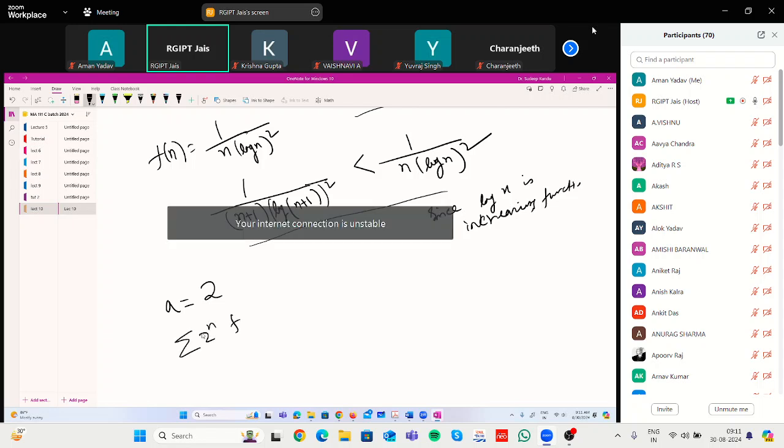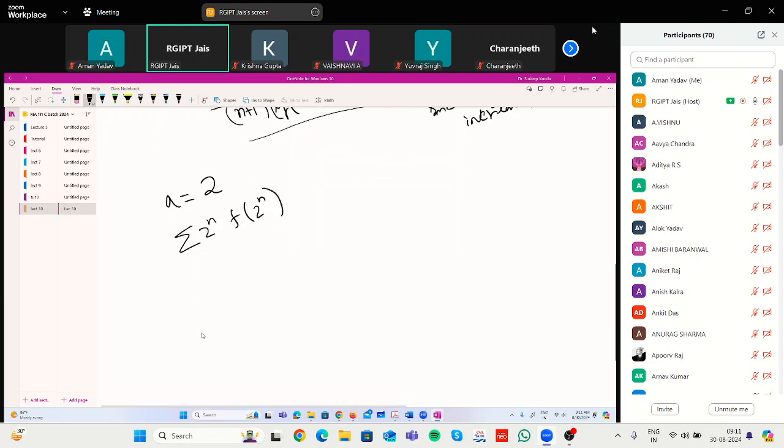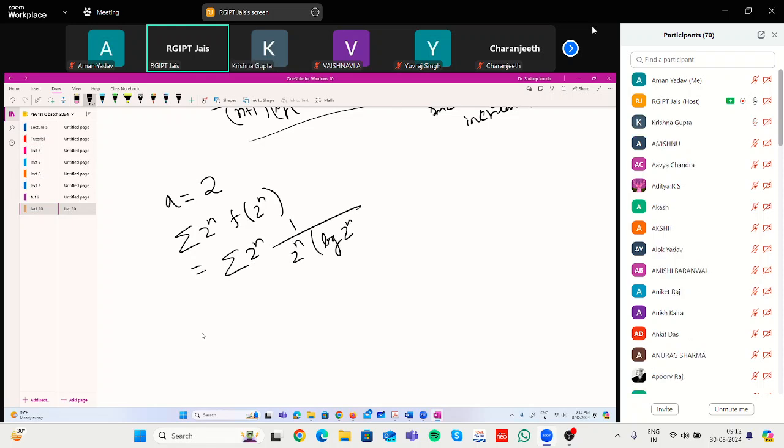2 to the power n, f of 2 to the power n. What will be this series? Ultimately, what will come? This series, 2 to the power n times 1 by 2 to the power n times log of 2 to the power n, whole square, right? So ultimately you will get 1 by (log 2 to the power n) square.